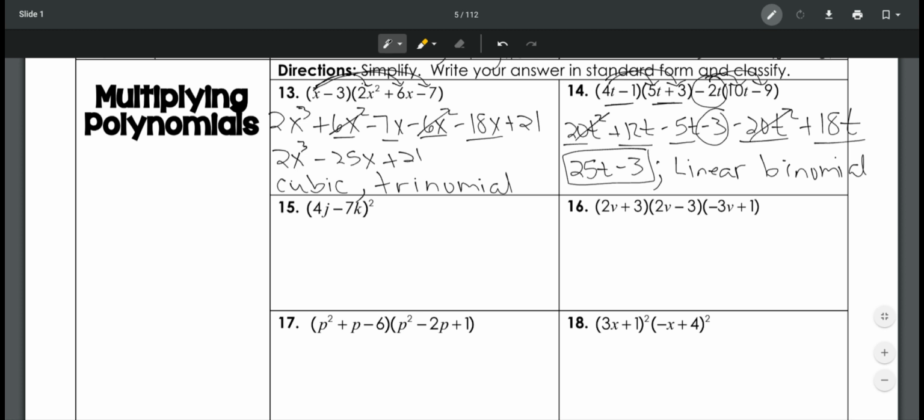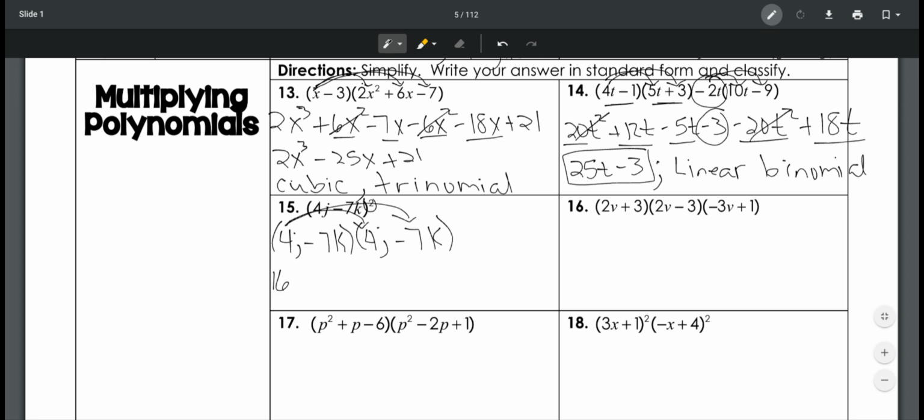The last example I'm going to do is another FOIL example. So when you have that outer exponent here, that tells you to write down 4j minus 7k twice, and then you will FOIL that like we did in example 14, the first part. So I'm going to take the 4j and distribute it here.